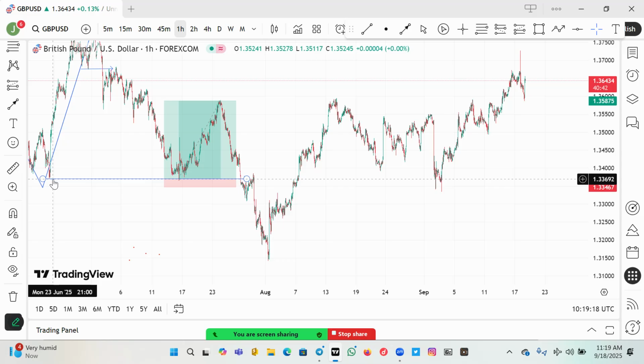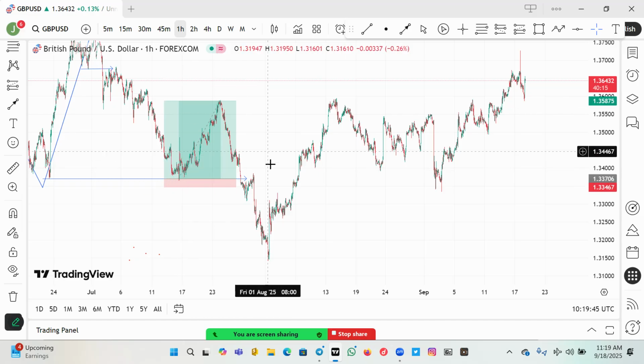External change of character means that the market has completely changed from an uptrend to a downtrend, while internal change of character means that the market has changed from an uptrend to a downtrend internally, but the overall trend is still bullish.